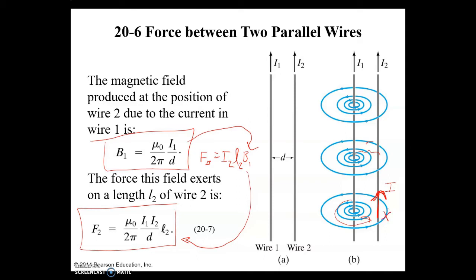At this point, your magnetic field is going into the board, so point your fingers in the direction of I, up. Curl them so that your fingers point in the direction of the magnetic field into the board. That means that your thumb generates a force that's going to the left.